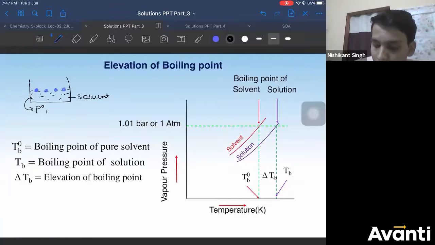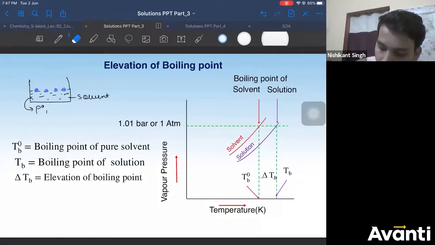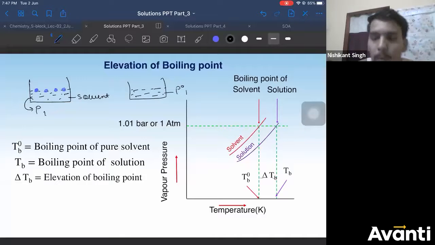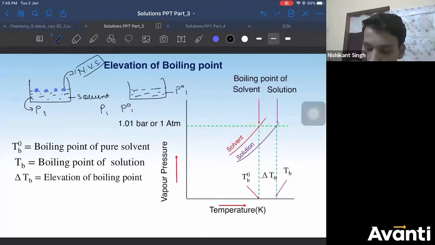Now it is a solution, so let's say in a solution it is P1. And if it is only solvent, then it is P01. Which is more, the vapor pressure of solvent or solution? Assuming this is your non-volatile solute. Which one is more, P1 or P01? So P01 is greater than P1.